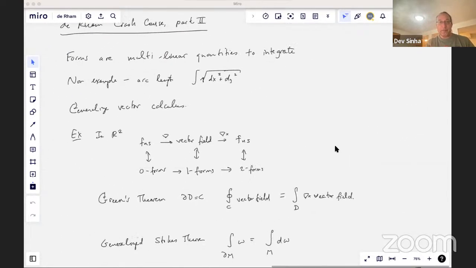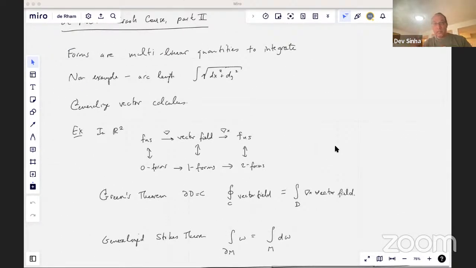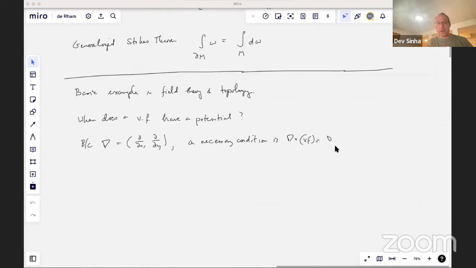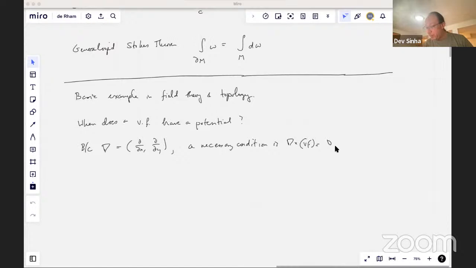Looking up here, we have del composed with del cross is 0. So if I'm going to be in the image of del, that means I must go to 0 under del cross. And a key property that we're going to see later, by the way, is that this exterior differential of forms always squares to 0. That's a remarkable property that we'll be using quite a bit. So that's a necessary condition.